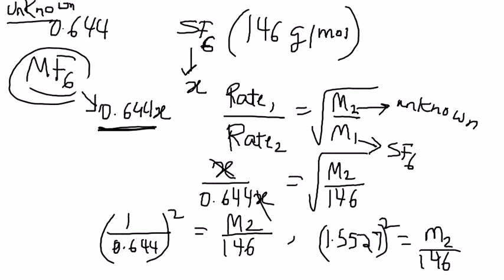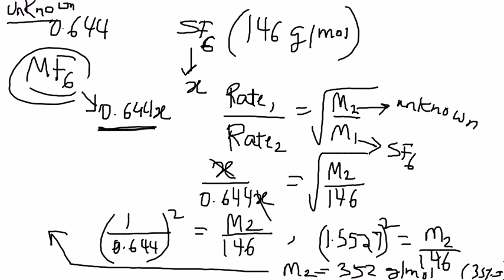So from here, it turns out that M2 will come out to be somewhere close to 352, 351.5 is what I'm seeing. So M2 is going to be equal to approximately 352. It came out to be 351.5 grams per mole. Now the question says further that it is MF6, a hexafluoride.